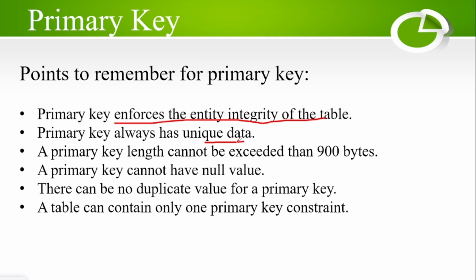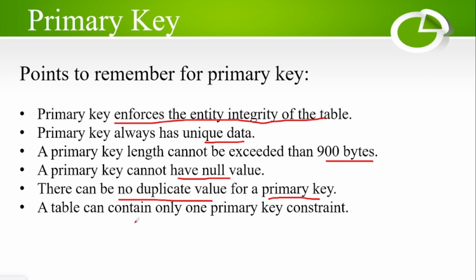It always allows unique data. Also, the primary key length cannot exceed 900 bytes. Also, a primary key does not contain any null value. These things we also showed by performing the practical operations. Also, there cannot be duplicate values in primary key columns, which we also explained by performing the practical demonstration.